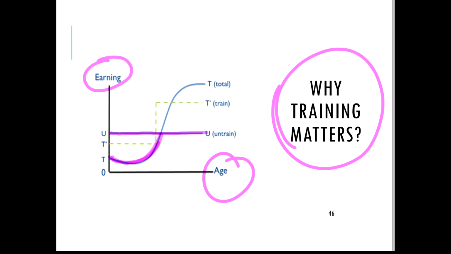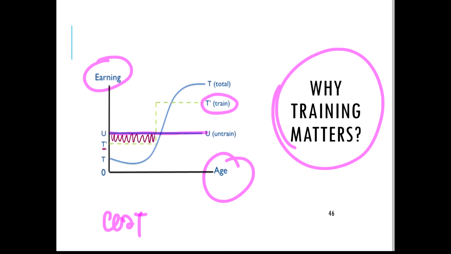Because this is the cost that they have to pay. And then when they finish or graduate from the training, their earning will be higher, okay? T-prime train is exactly the money that they pay for the training.